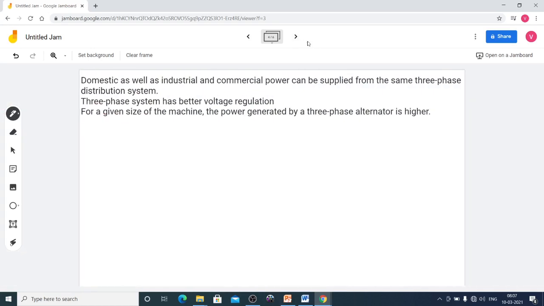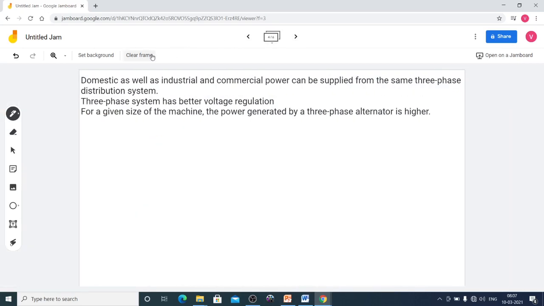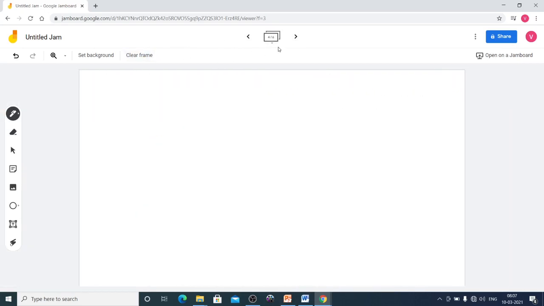In order to find the exact relationship between the line and phase quantities, we must use the phasor diagram. I'm drawing the phase quantity as a reference in order to develop the relationship between the phase and line quantities.